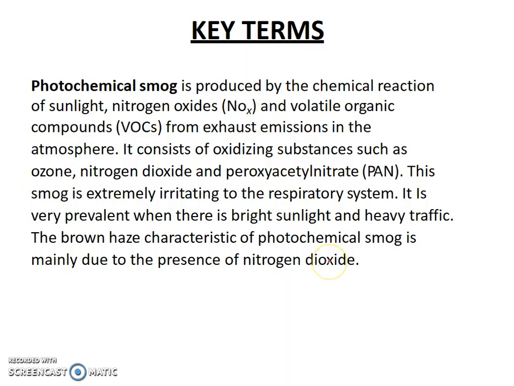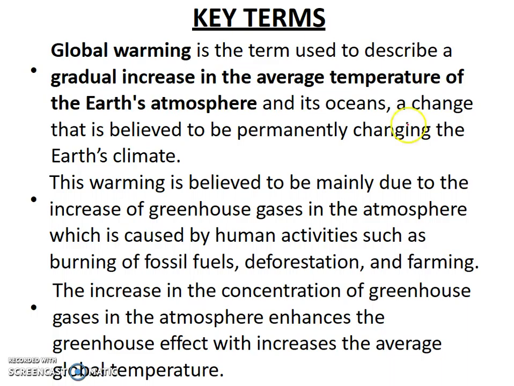This can also include things like peroxyacetyl nitrate, or PAN, and these things become extremely irritating to the respiratory system, and you know that there are some countries that struggle with that. So in terms of photochemical smog, we should know what it is, what it's formed from, and the effects that it can have on individuals.